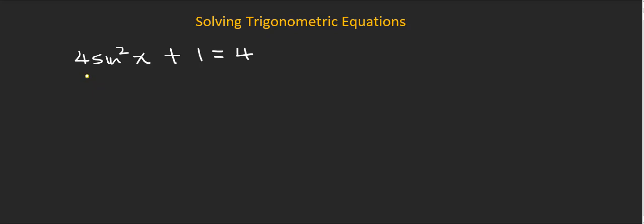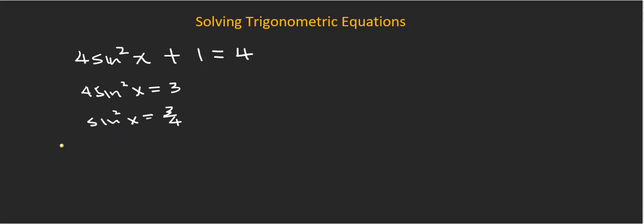Let's take a look at this example. 4 sine squared x plus 1 equals 4. So in order to solve for sine x, you have to subtract 1 from both sides, and then divide by 4. And you have to take the square root.